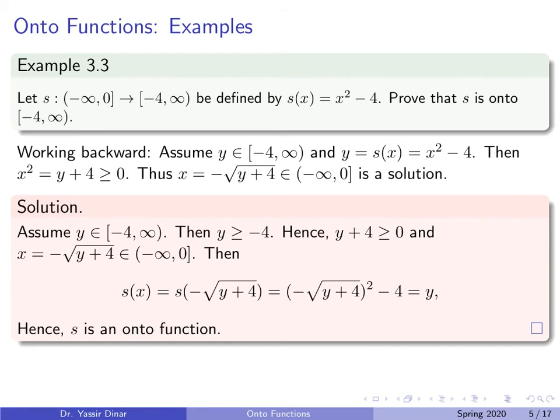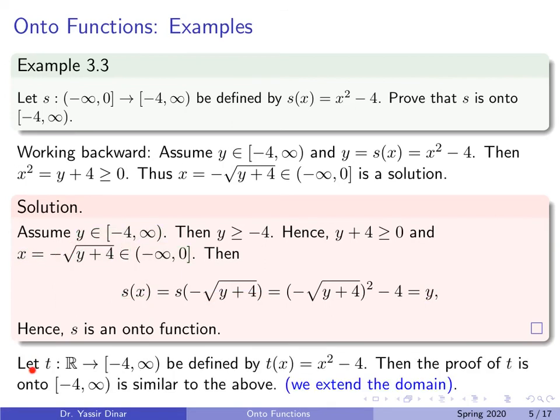It is very important to notice that the value of y in this interval guarantees that x defined by this formula is in the domain, and the verification is important to show that this formula actually gives me y.